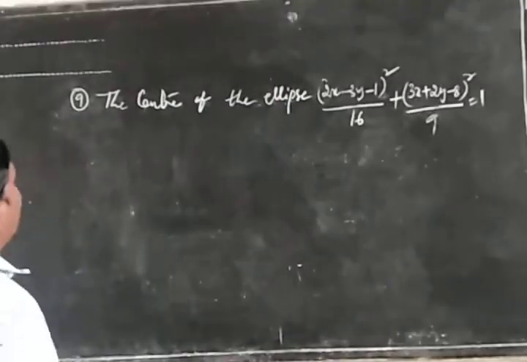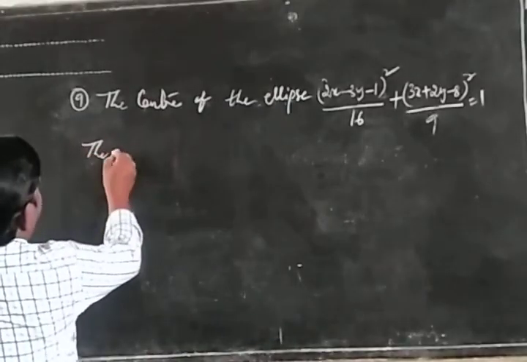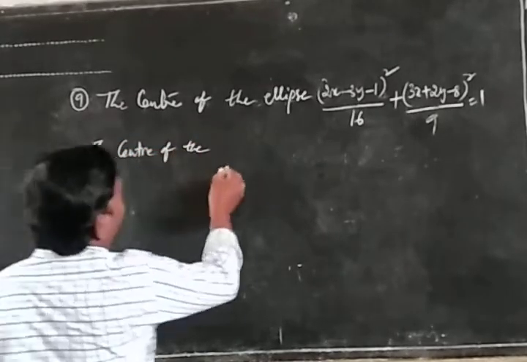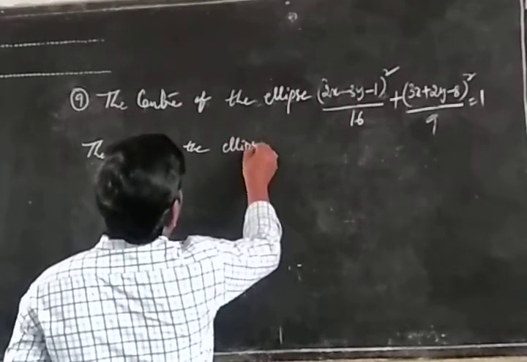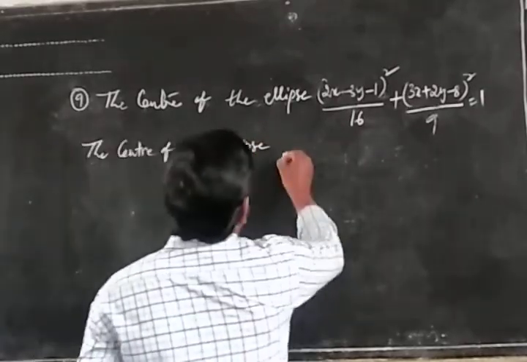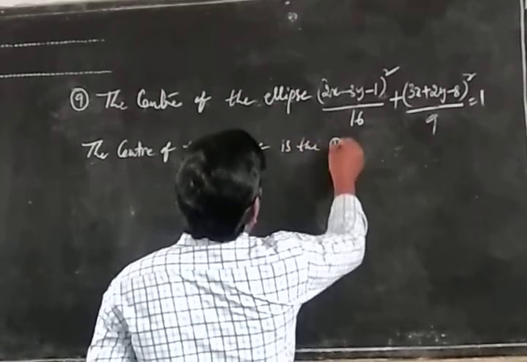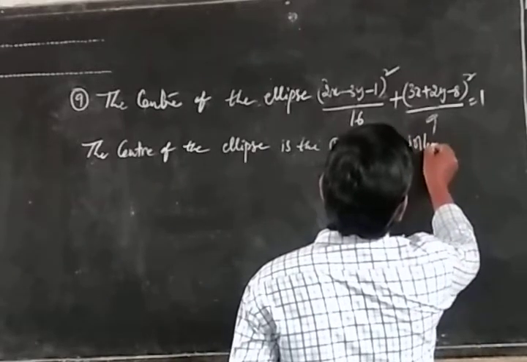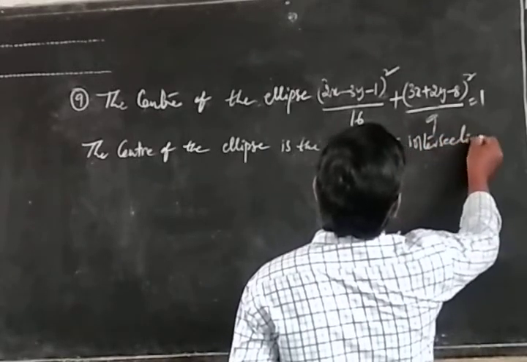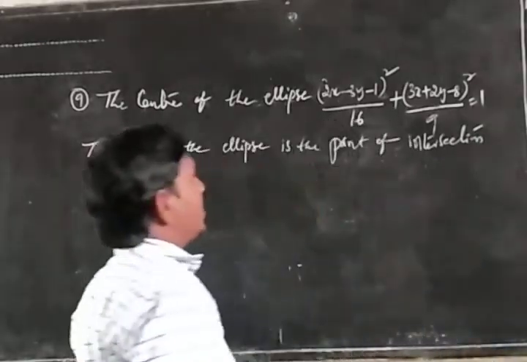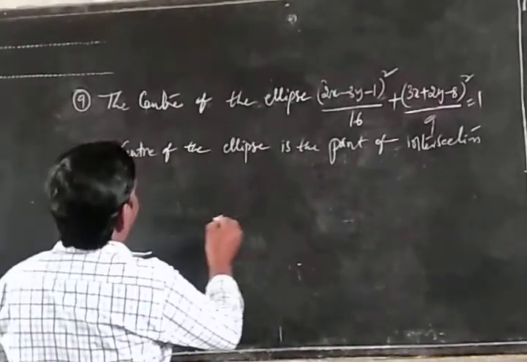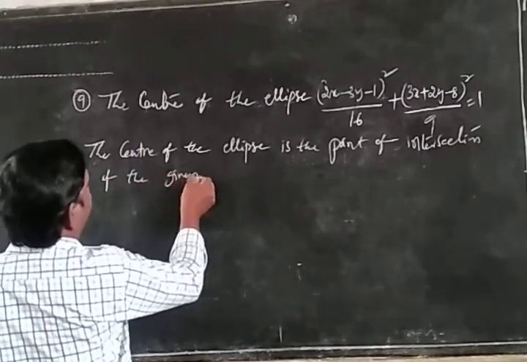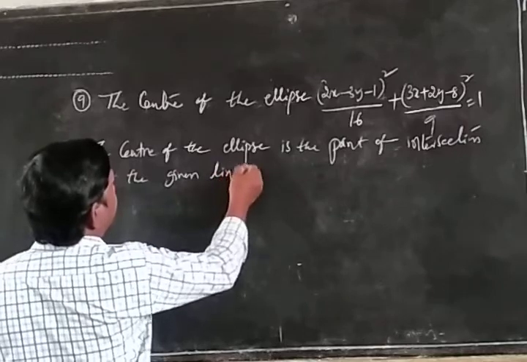The center of the ellipse is the point of intersection of the given lines.